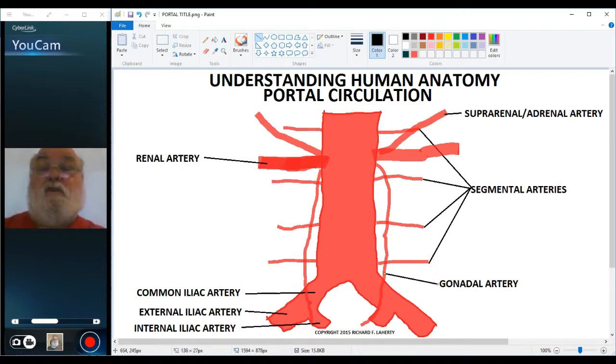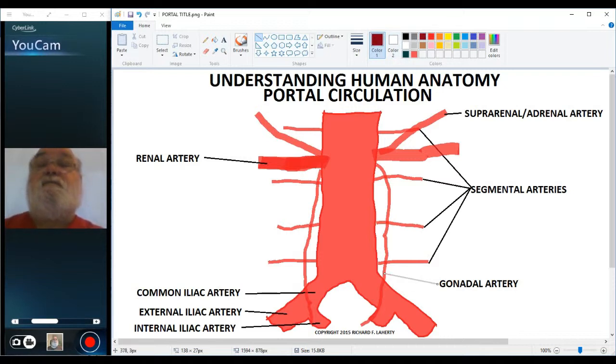It arises so high in the abdomen because the gonads develop high in the abdomen, in the embryo, and then descend down into the pelvic region to take up their normal positions.